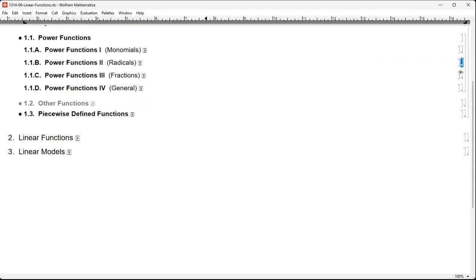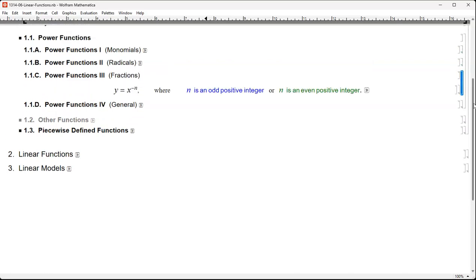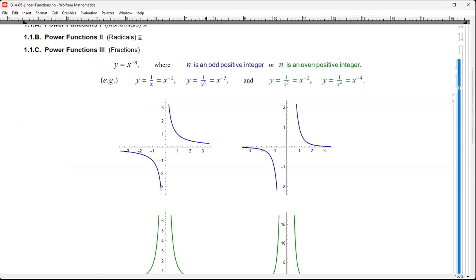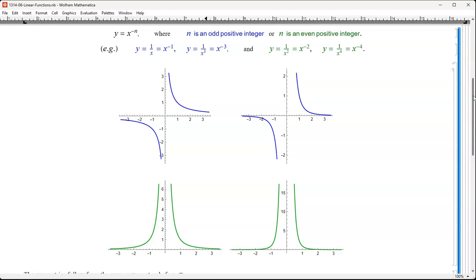Next example, power function, when the power is a negative integer. Depending upon whether that negative integer is even or odd, you're going to get an even function or odd function. So 1 over x, x to the negative first power. 1 over x squared is down here. That's even, x to the negative second power.